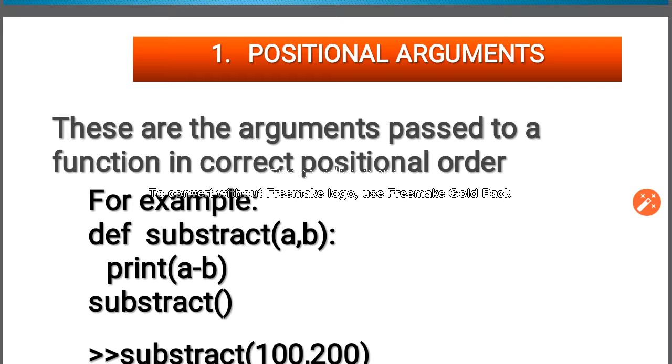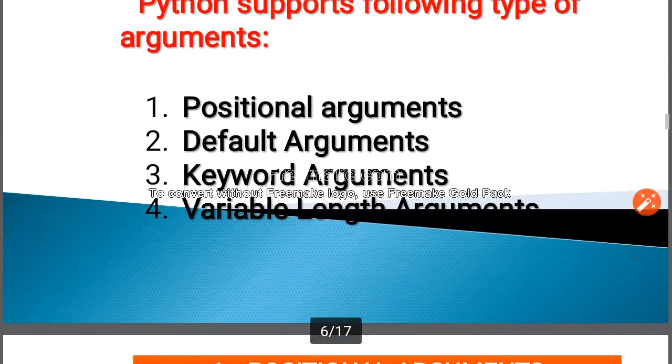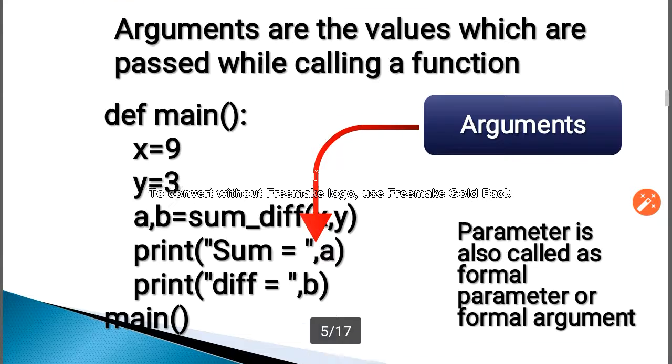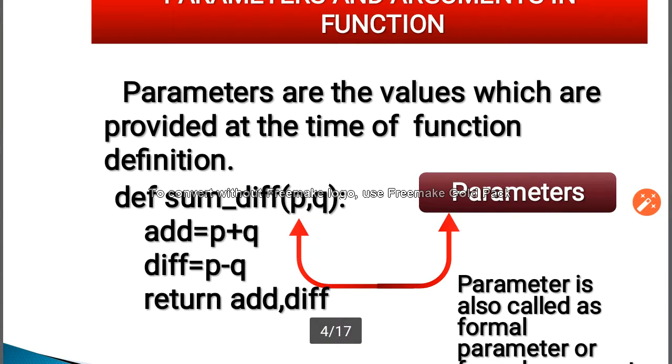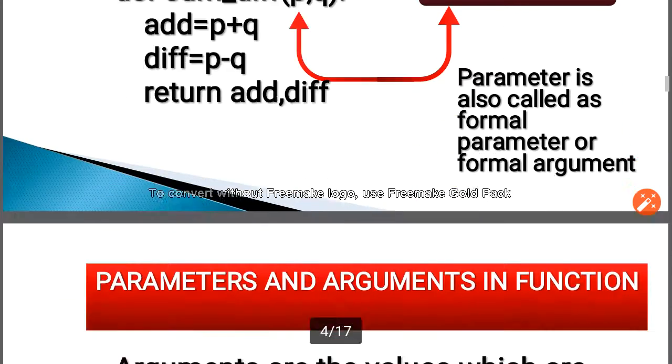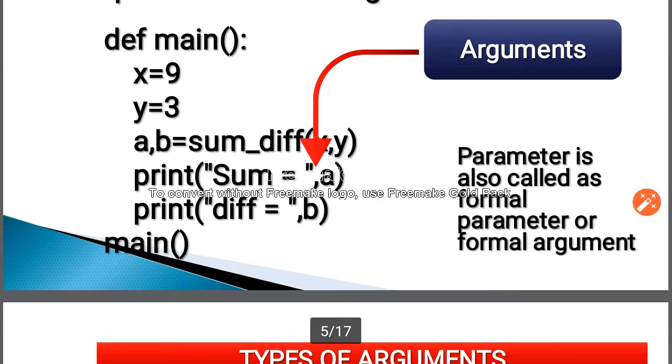It is the argument, right? Is it argument? Just focus on the previous slide. Which one is argument? This one is parameter. Whatever value we are sending at the time of definition, that is your parameter. So do not get confused with parameter or argument.